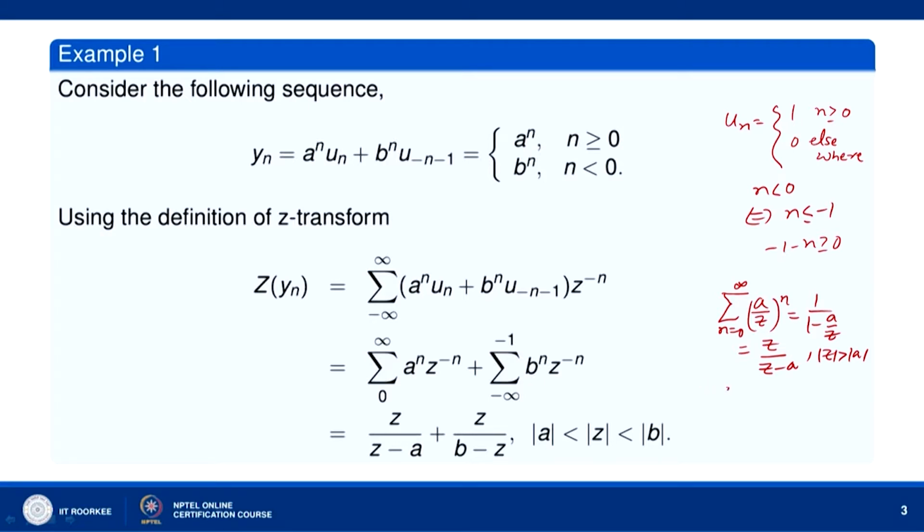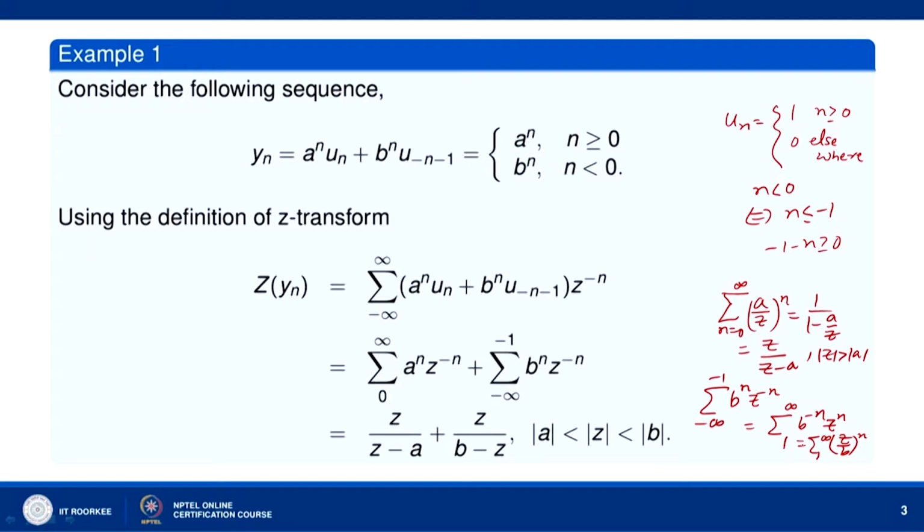Here we have sigma n equal to minus infinity to minus 1 b to the power n z to the power minus n. We can also express this as sigma 1 to infinity, replacing n by minus n, b to the power minus n z to the power n. So, this is equal to sigma 1 to infinity (z by b) to the power n.